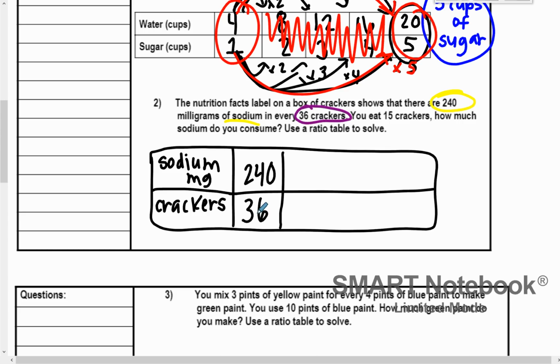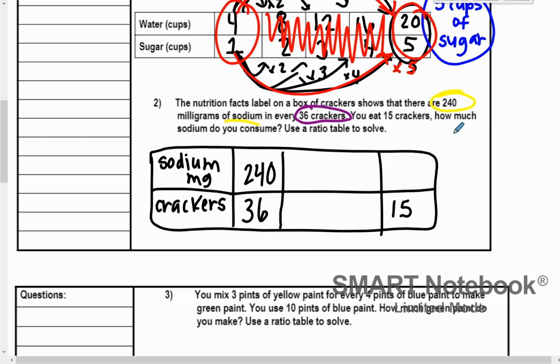So that's our first ratio. All right, the question asks, you eat 15 crackers, how much sodium do you consume? All right, so we want that end number of crackers to be 15. You always want to fill in that last column with whatever the question is asking for.